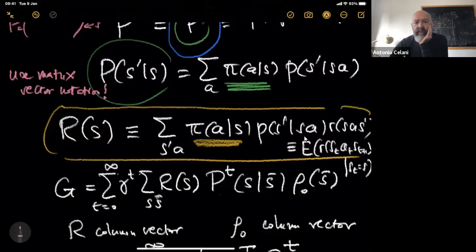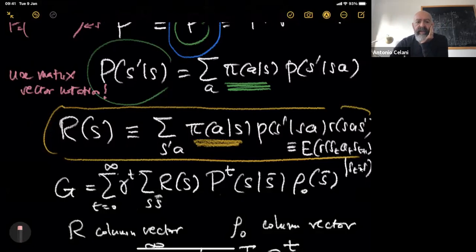So we replace this small r with another object, which is just the average return that I get if I am in state S. If I start out in state S, I pick my action according to the policy pi, I end up in a state S prime, and I sum, which is what I wrote here below. It's the expected value of the reward if I start in state S at any given time.